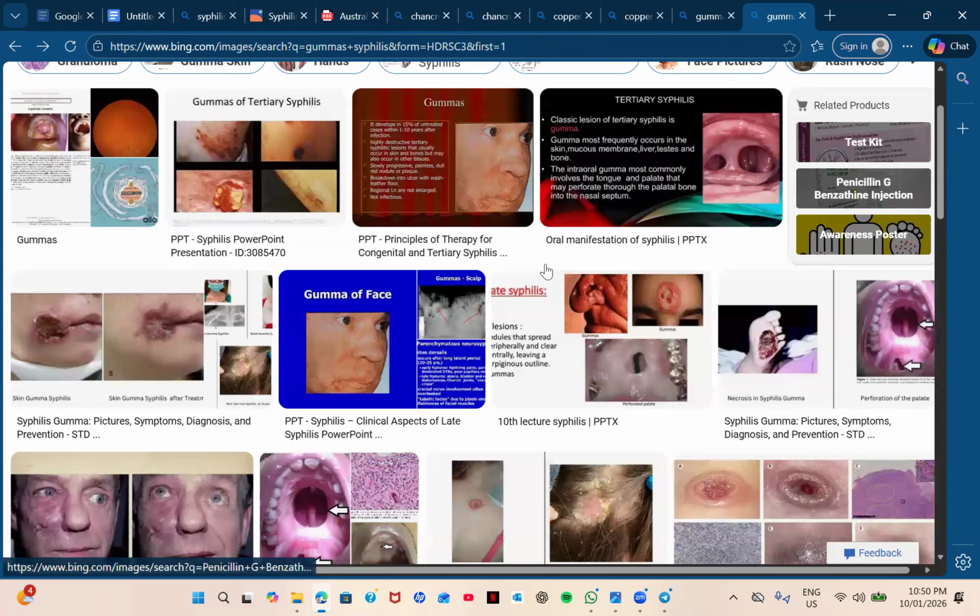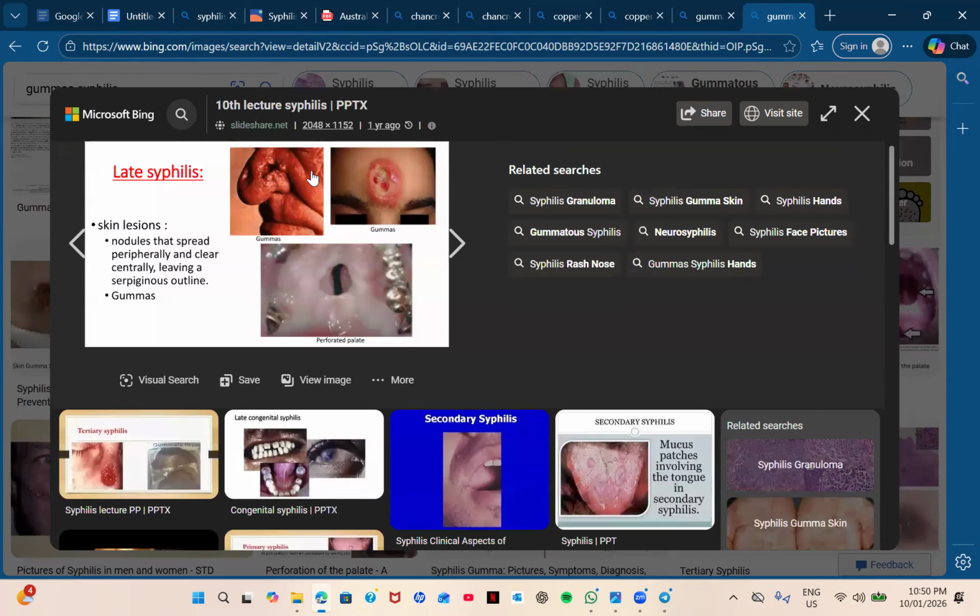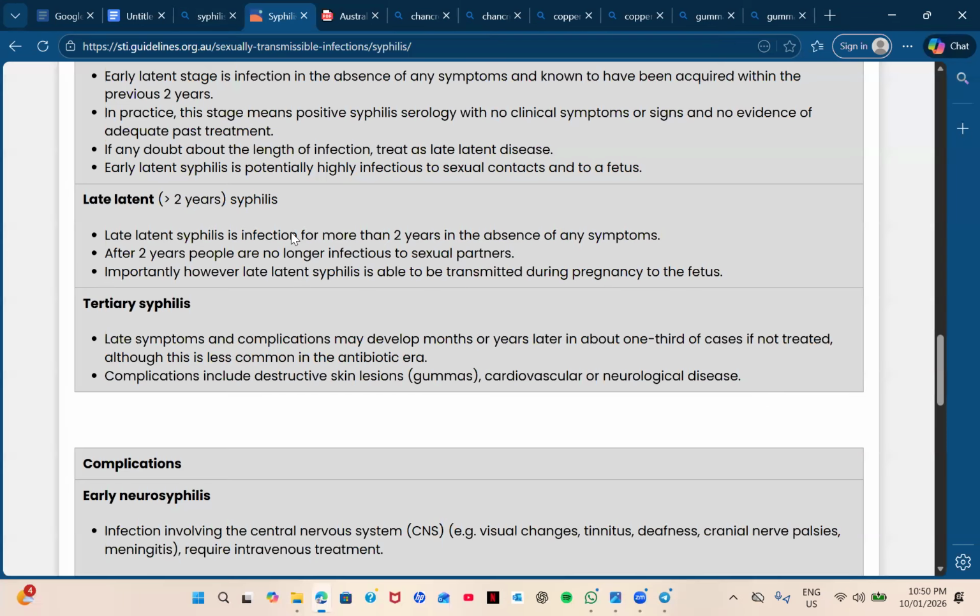Remember it can be here, here. It's a very destructive lesion. It can be in the skin and in other organs. You can see it's a very destructive lesion. This is the complication.